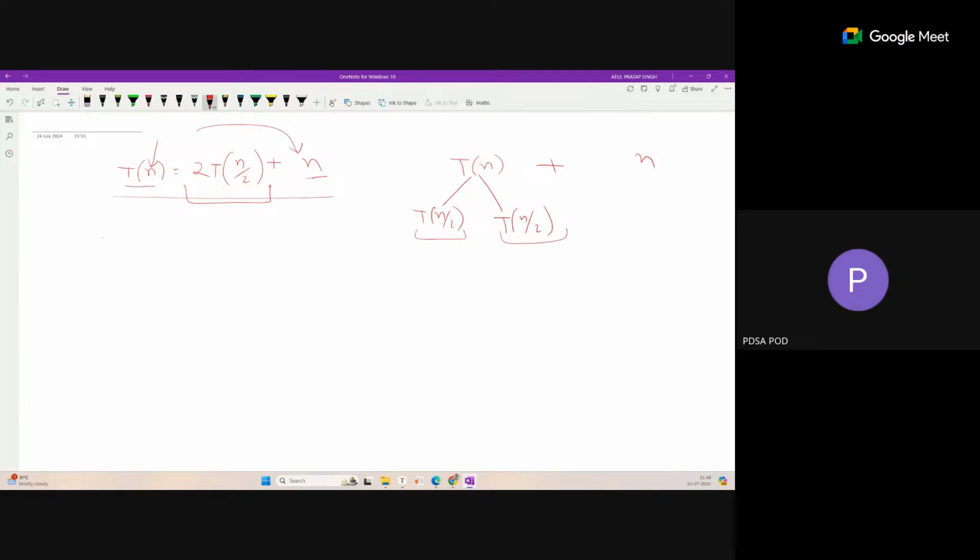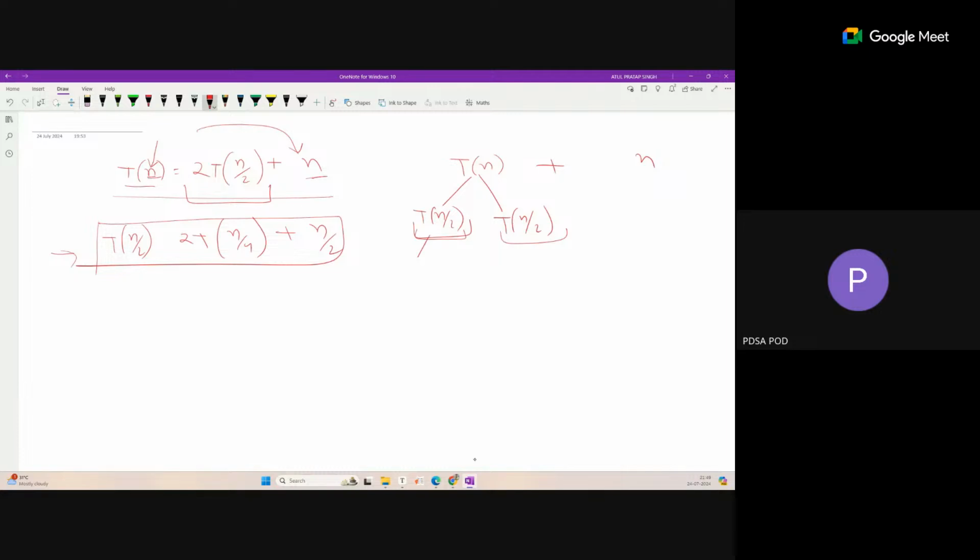Now for the new problem T(n/2), you will write it like this, 2T(n/4). You just replace n by n/2 at every place in this equation, so you will get this equation. For this sub problem, we need n/2 operations.